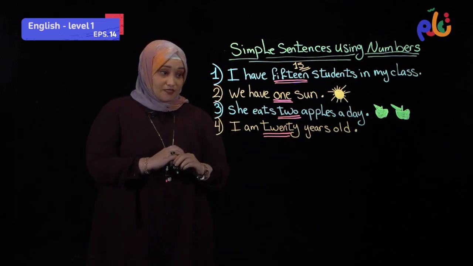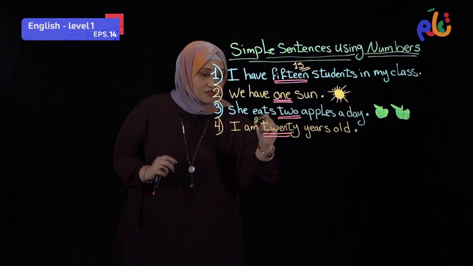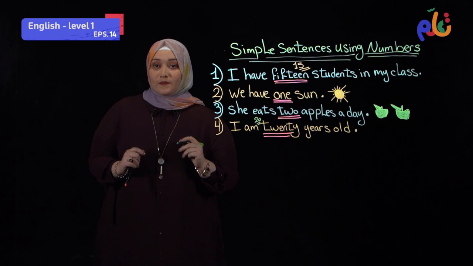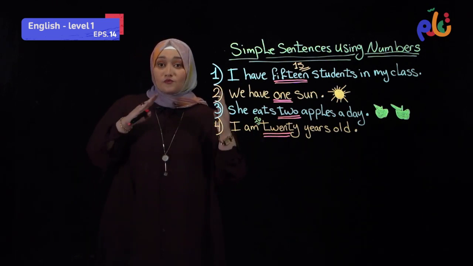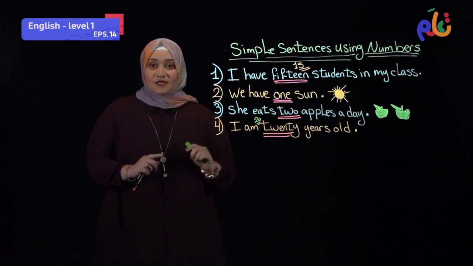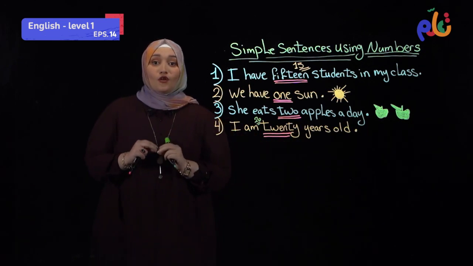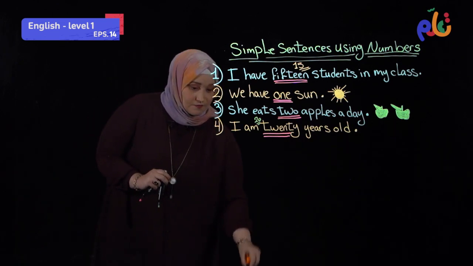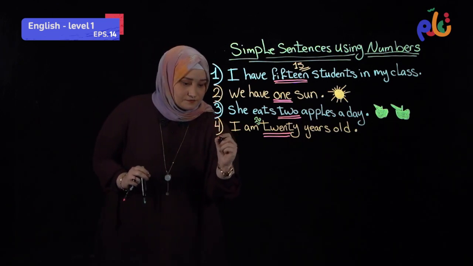I did not write it as a 20. دي كده لو أنا عايز أكتبها كأرقام. When I want to write it in its letter form, I write it twenty. دي الطريقة اللي بنكتبها بالحروف. Twenty.